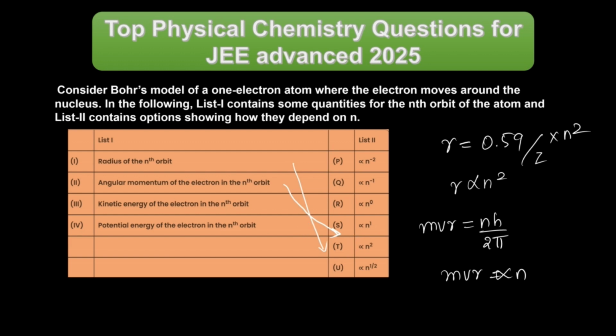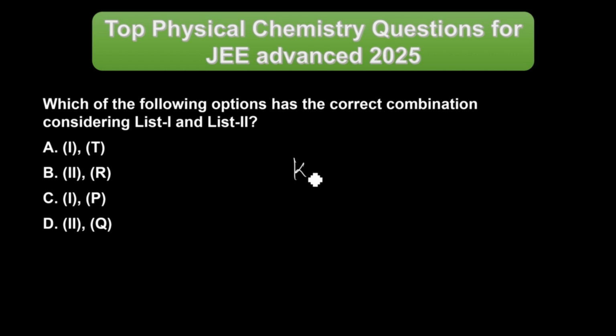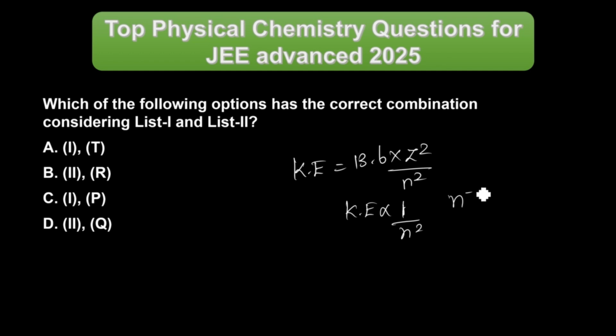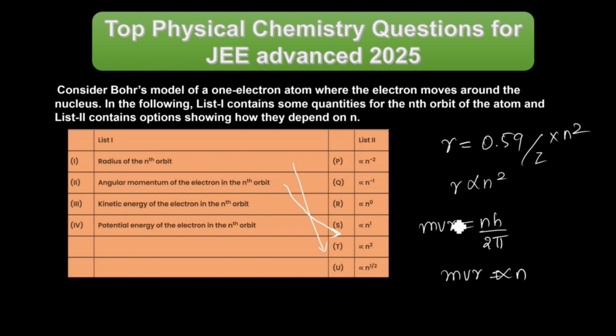And then kinetic energy of the electron in the nth orbit. So kinetic energy, what is the formula? KE equal to 13.6 into Z square by n square. So kinetic energy and n is inversely proportional, which means I can write it as n to the power minus 2. Let's check with the list 2. So n to the power minus 2 is there for P. Okay, then fourth one, potential energy of the electron in the nth orbit.